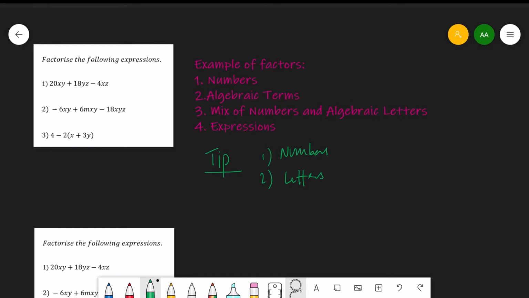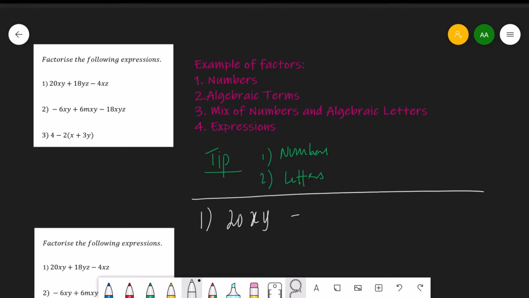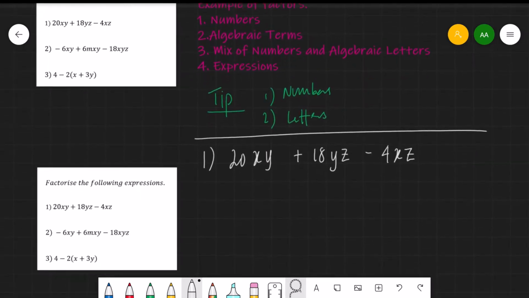Okay, let's dive right into example number one. Example number one is 20xy plus 18yz minus 4xz. Okay, quite a lengthy expression here.